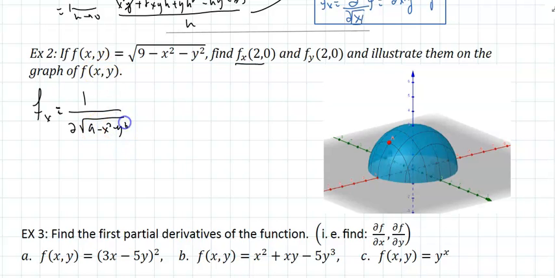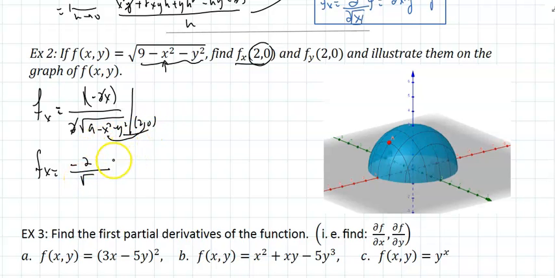We derive that over and over, times the derivative of the inside by the chain rule. Well, since I'm taking a partial derivative, everything is a constant except x, times negative 2x. The 2's cancel out. Evaluated at (2, 0), f sub x would be negative 2 over, if I put a 2 in for x and a 0 for y, the square root of 9 minus 4, which is 5.